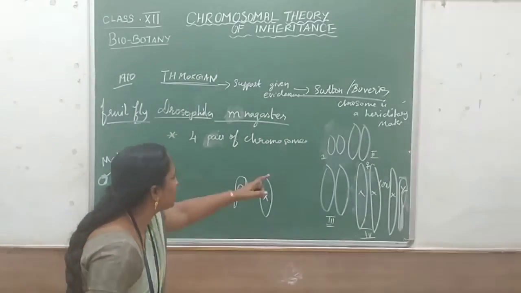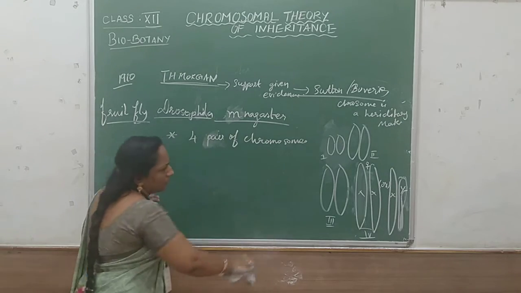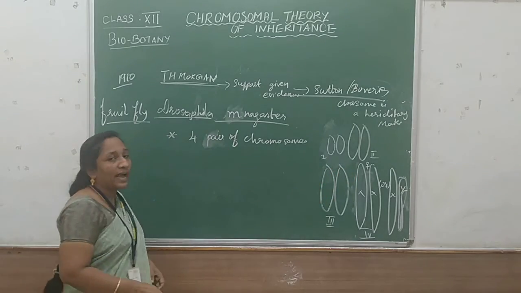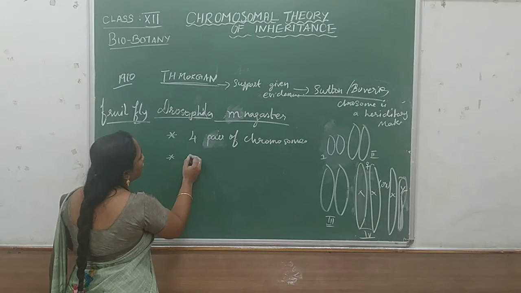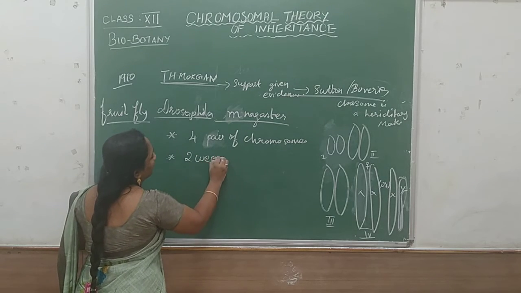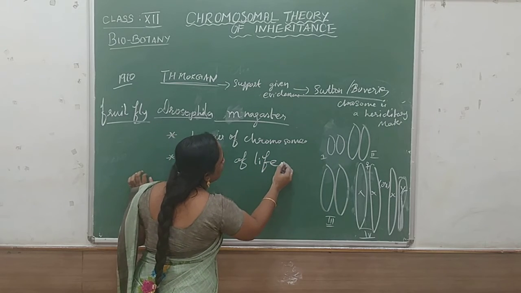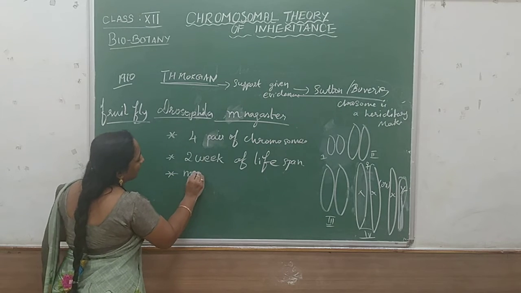So first point, it will have 4 pairs of chromosomes: 1, 2, 3 and 4. Next, it has a lifespan of only 2 weeks. It can survive only for 2 weeks, and it can produce more eggs.